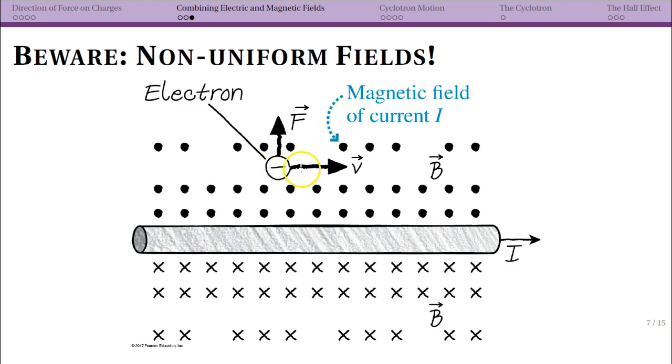But the other thing to notice is once the particle starts moving further away from the wire, no longer is it in the same magnetic field. So part of the reason that we work with uniform magnetic fields is that otherwise we have a changing force and a changing acceleration. And remember that those simple calculations we did in mechanics all were for constant acceleration. So be careful. Remember that many situations would give us non-uniform fields, and in general we're not going to do those calculations the same way. You might have to think about this problem in a different manner, but do just be careful about that.